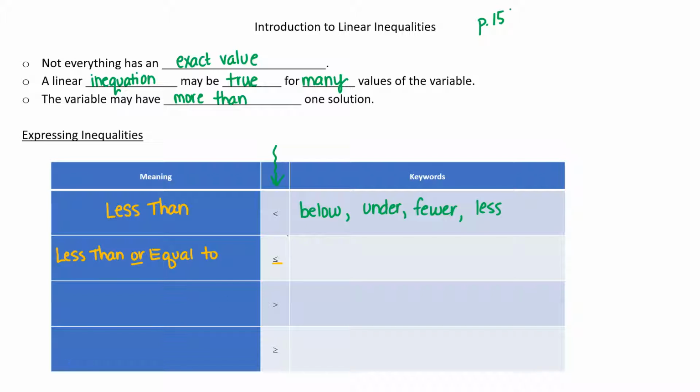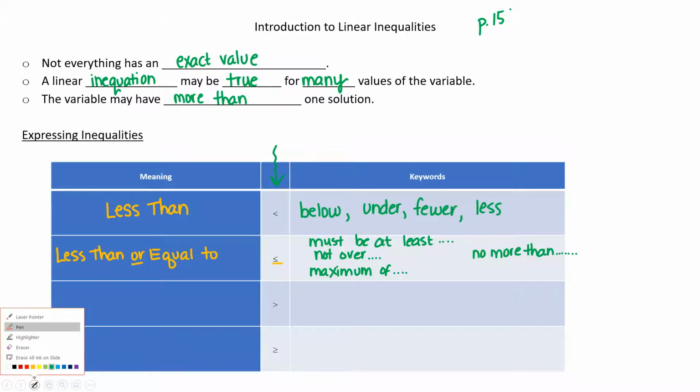When we hear questions that say must be at least 4 feet to ride the ride, our class should not go over 35 minutes, maximum of, this car can hold a maximum of 1,000 pounds, no more than 4 people can sit at a table, those are all examples of things that say less than or equal to.